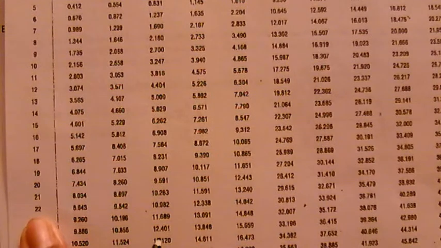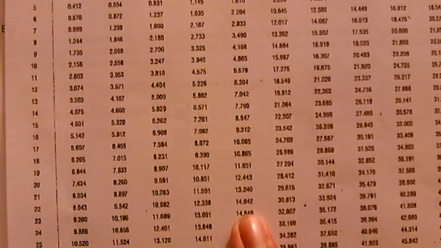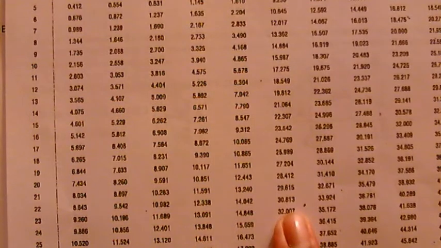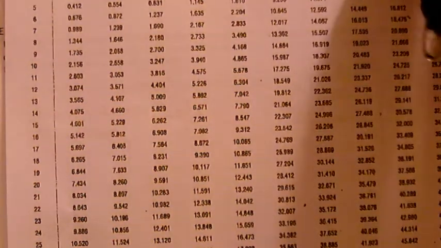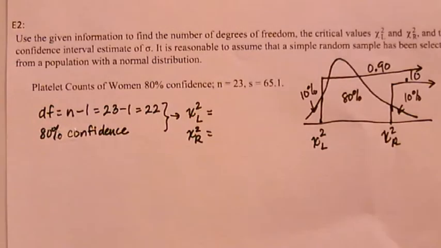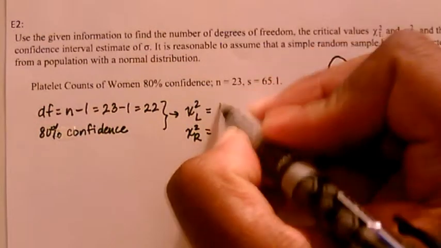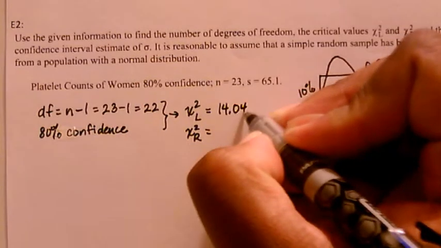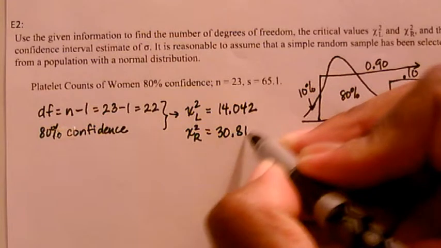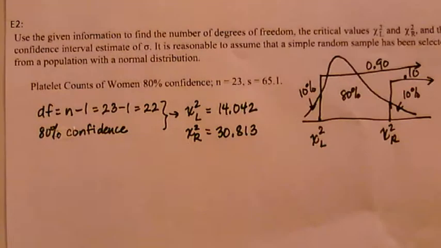So here's 22, and we read across, for 0.90, that's going to be 14.042, and for 0.10, that's 30.813. So the chi-square value on the left is your 14.042, and 30.813 represents the chi-square value on the right.